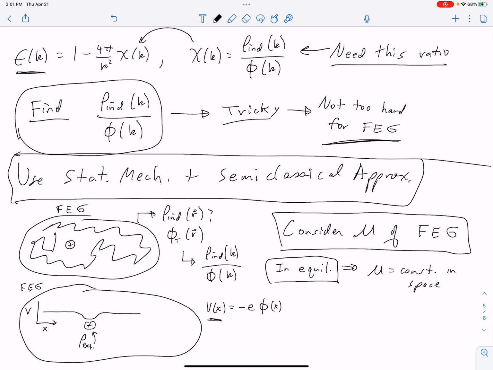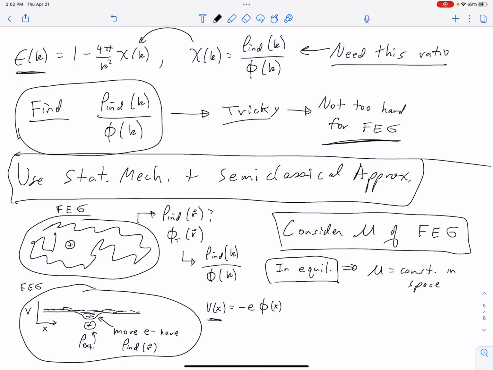So this is the way to think about it: these are my electrons, and I'm going to have more electrons there, some additional electrons. Those additional electrons we call rho induced.